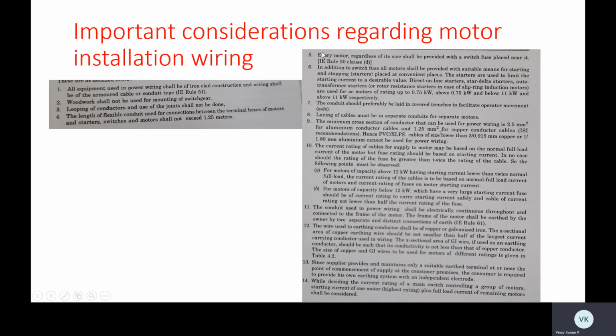And different conduits should preferably be laid in covered trenches to facilitate the operating movement. In addition to switch fuse, all the motors shall be provided with suitable means for starting and stopping. And for laying of cables, separate conduits are used for separate motors. Each separate motor should have separate cables in the trench boxes.